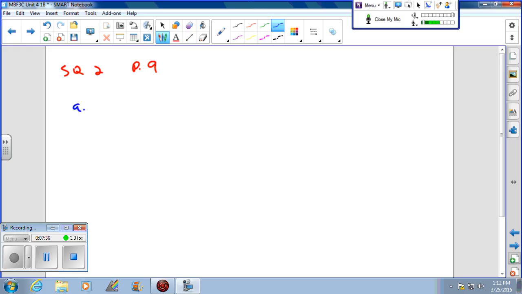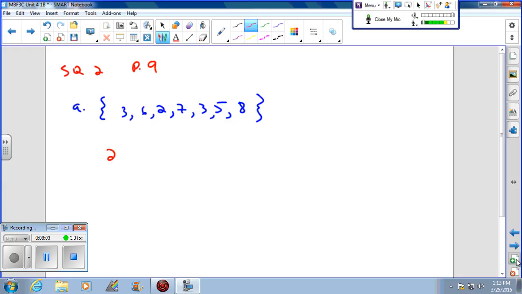So for A, I'll just write out the numbers here: 3, 6, 2, 7, 3, 5, 8. The first step to calculate the median is, and remember, for the median and the mode, you're really going to need them sorted in order. So it's probably a good idea just to sort them. The way I do this, I'm going to go through.